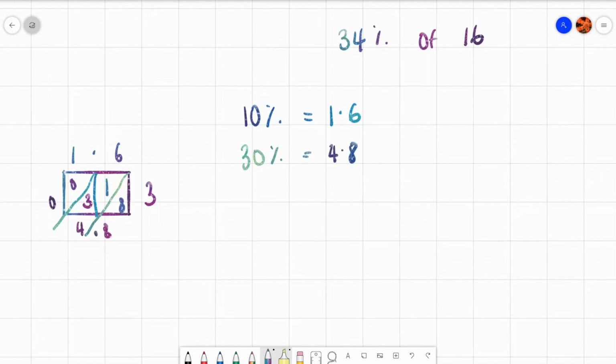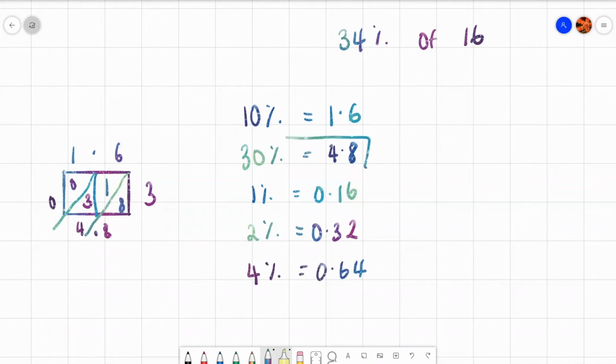Now I want to work out 4%. I can work out 1% first by dividing that by 10, which is 0.16. Right, to work out 4%, I can times that by 4. I can double first because double's pretty easy, isn't it? So 0.16 times 2 would give me 0.32. And if I want 4%, I can double that again, which is 0.64.